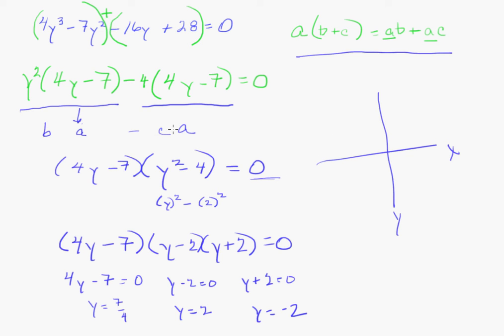So we're looking for where the output for y is 0. So it's these numbers, 7/4, 2, and -2. It must be where this polynomial is actually crossing the x-axis at x equals 2, x equals -2, and x equals 7/4, which would be 1 3/4, so it must do something funny like this. We don't know, but it crosses at those three places.